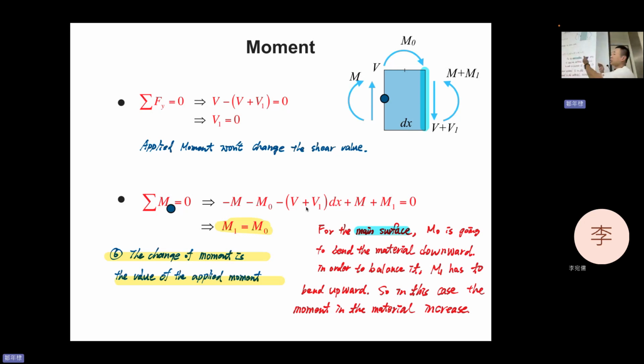So in order to balance it, the M1 needs to be upward, to make it downward, upward, and cancel each other. Upward means that you can increase the M. So after the M naught, the moment in the material should be upward, so it should increase.